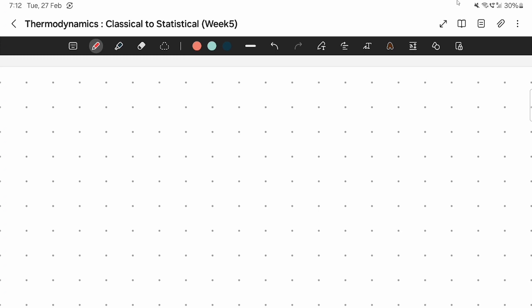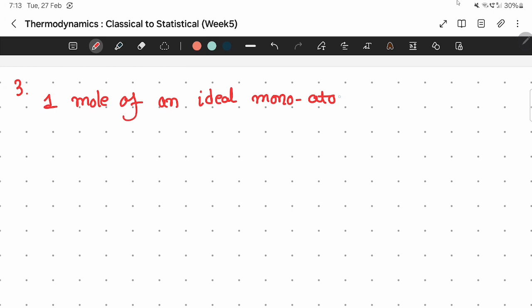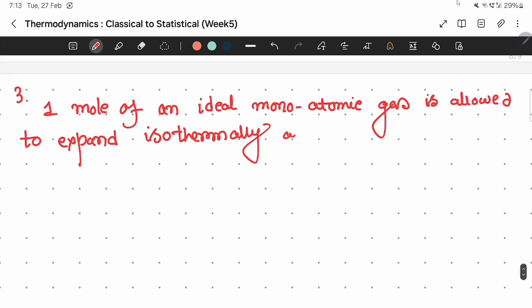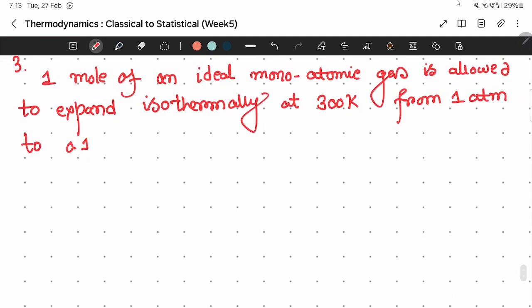For question number 3. Okay. Third question. 1 mole of an ideal monatomic gas is allowed to expand isothermally at 300 Kelvin from 1 atm to 0.1 atm.